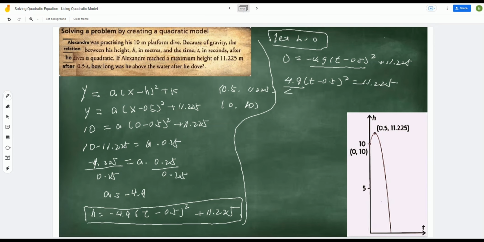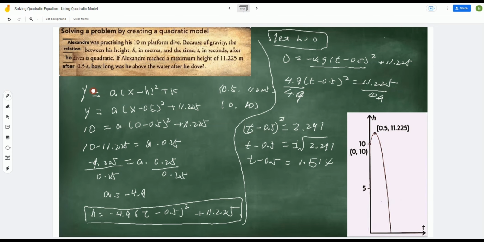Dividing both sides by 4.9, the left side is (t minus 0.5) squared, and 11.225 divided by 4.9 equals 2.291. Then we take the square root of both sides: t minus 0.5 equals plus or minus the square root of 2.291.